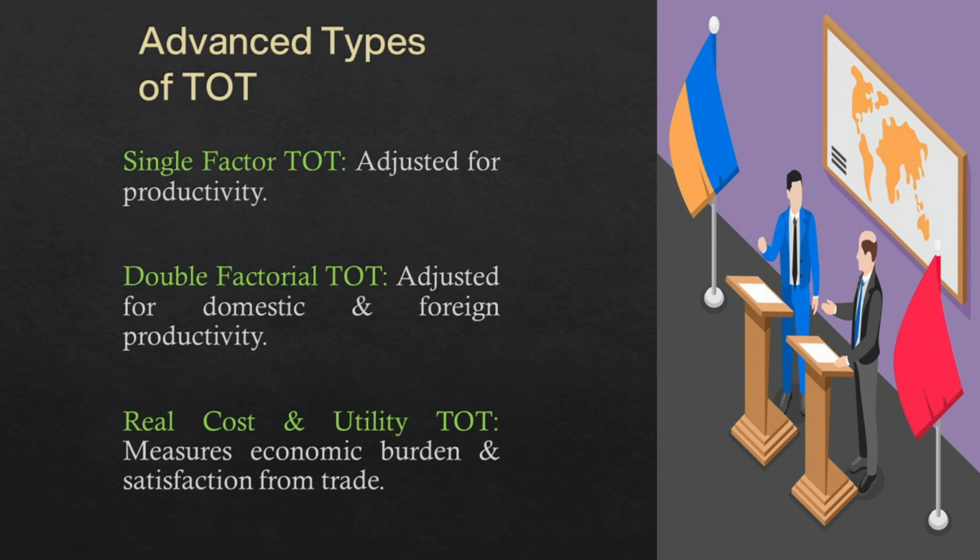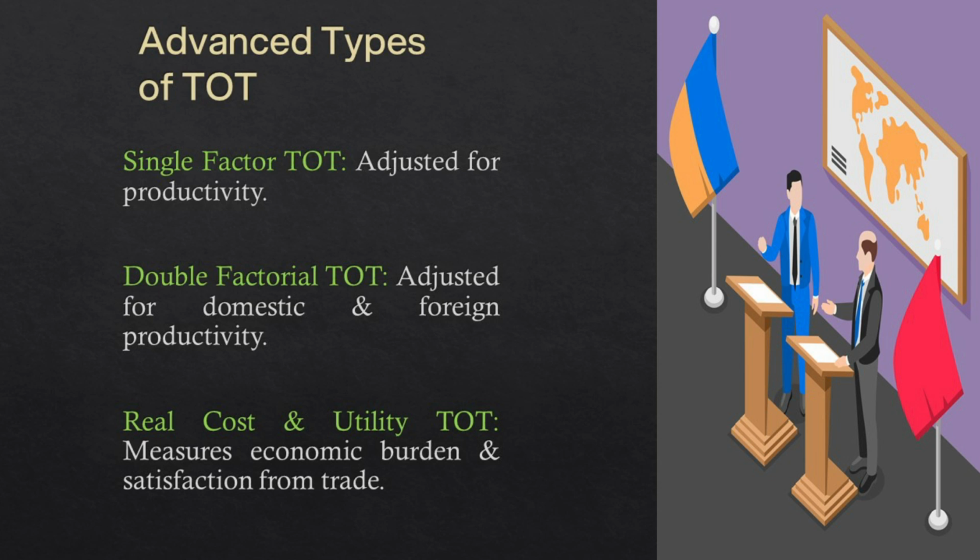Symbolically, real cost terms of trade can be written as TR is equal to TS into RX, where TR stands for real cost terms of trade, TS stands for single factor terms of trade, and RX stands for disutility, the real cost in producing export goods.